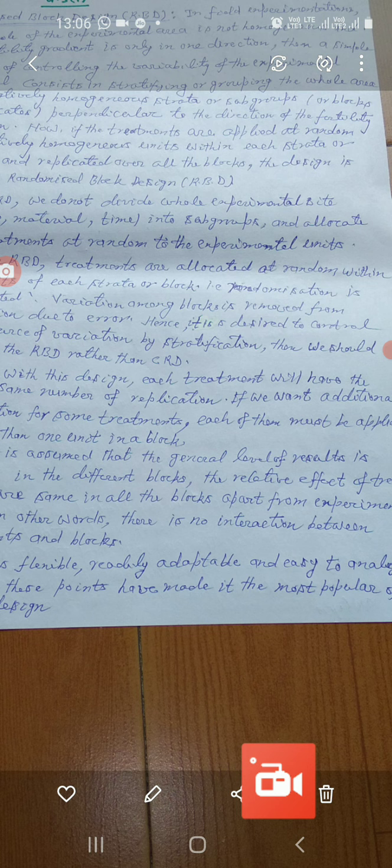Now here are some points which should be kept in your mind.